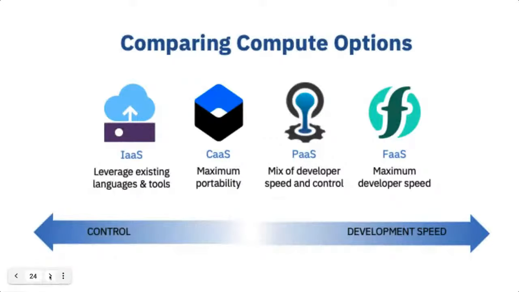Then we have PaaS, which is going to give you a mix of developer speed and control, right? It's going to give you some control, but take care of a lot of things for you. This is our platform as a service compute option. And the last one is serverless, which, if you're dabbling in serverless, is also known as function as a service.